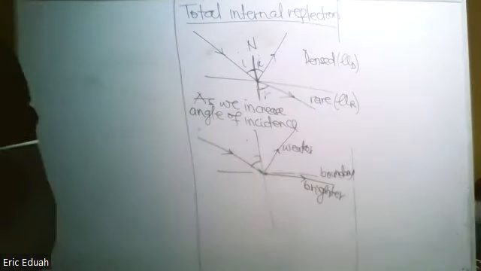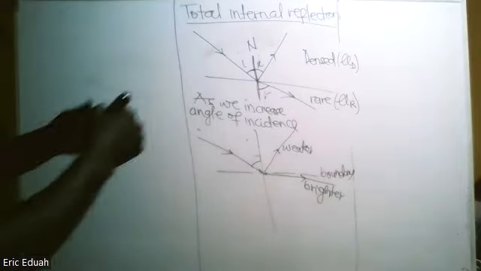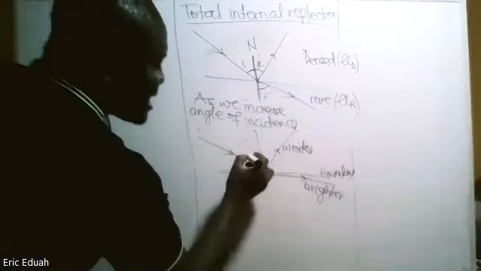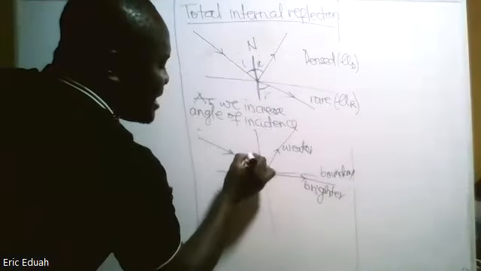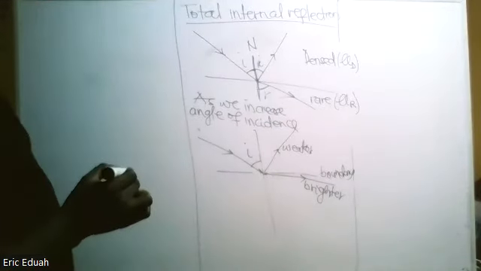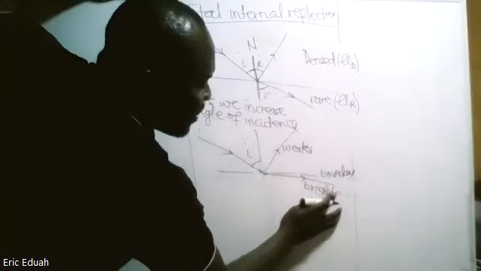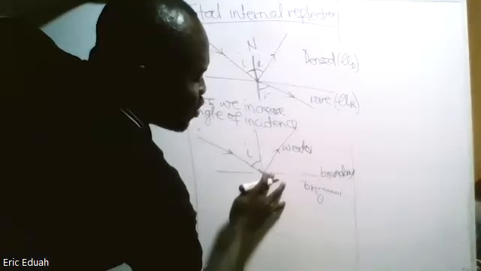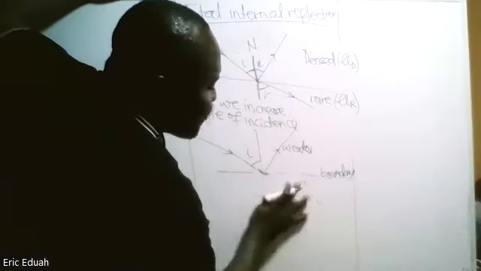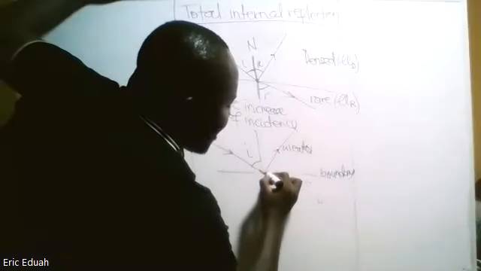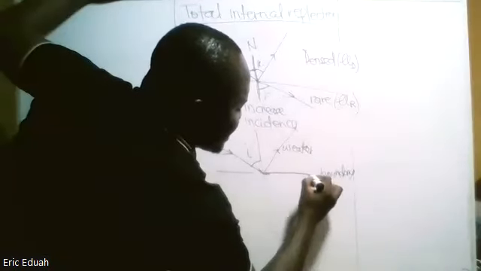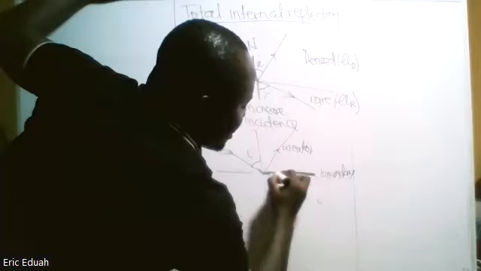So what we are doing is increasing the angle of incidence gradually. A certain angle of incidence in the denser medium would give us a point where the refracted ray lies on the boundary.